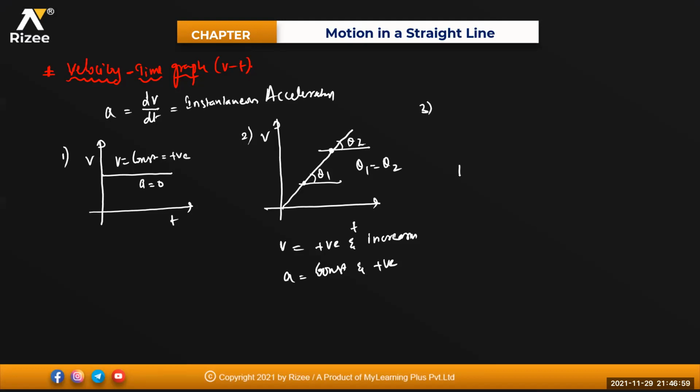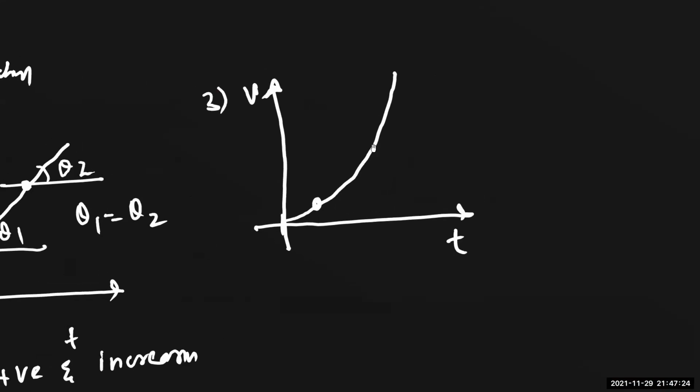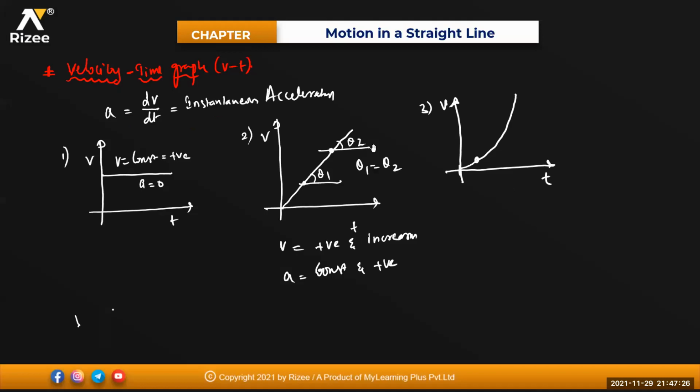Okay. Now, if I'm having a graph like this, velocity versus time graph, and the graph is going like this, now tell me what happened. I'm standing somewhere here, going from point 1 to point 2, say for example.